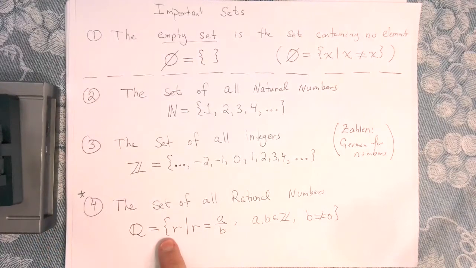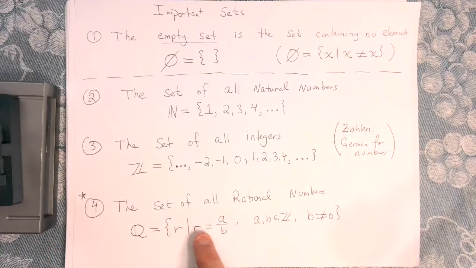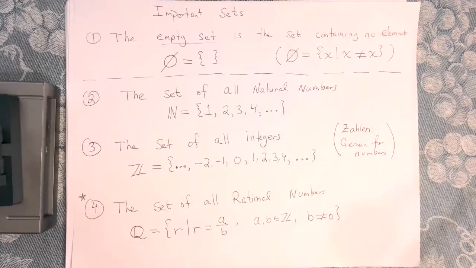So this is the set of all elements r such that r can be represented in this fraction of integers, this ratio of integers, integer over integer form. Any number that can be expressed in integer over integer form, where of course the denominator is not 0, would be a rational number. And this is the collection of all such rational numbers.